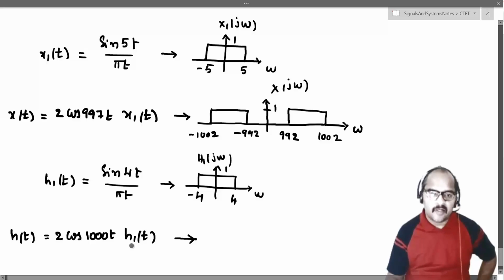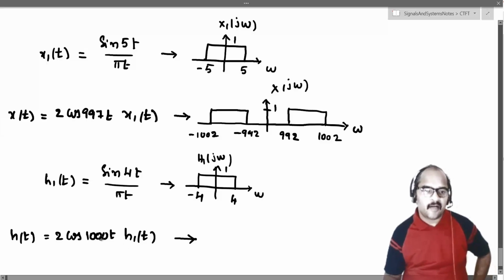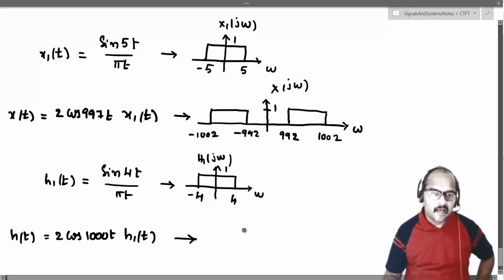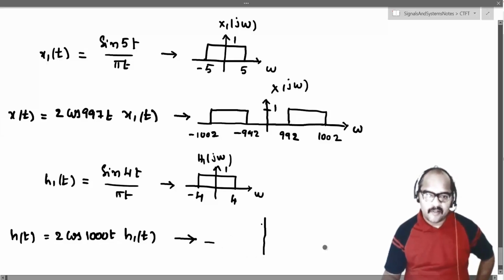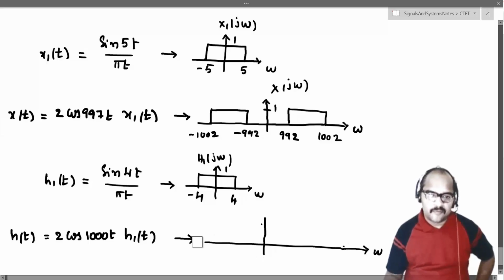Again, our h1 of t is multiplied with cos 1000t, which means you have to shift the Fourier transform to the left and right by 1000 units.